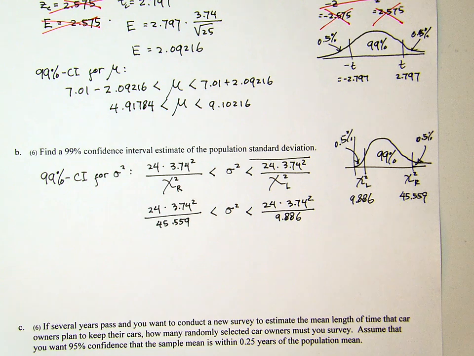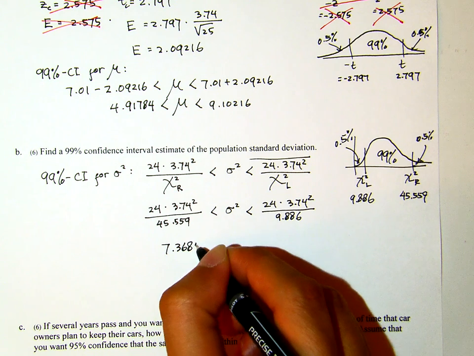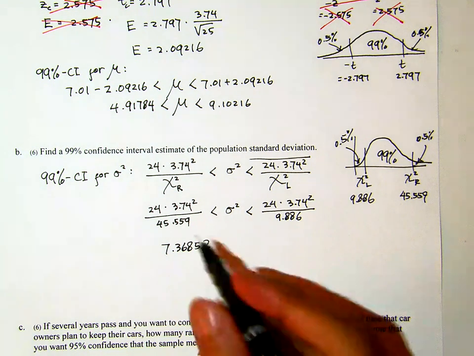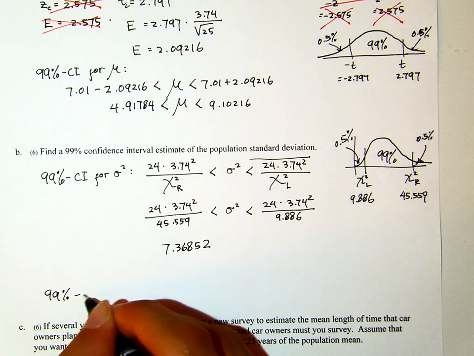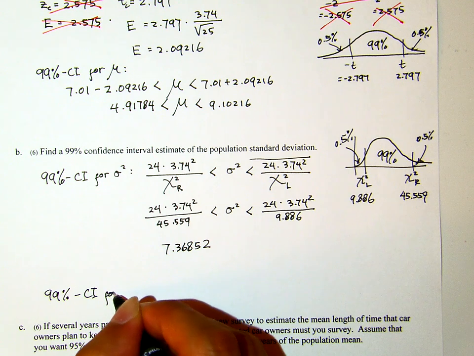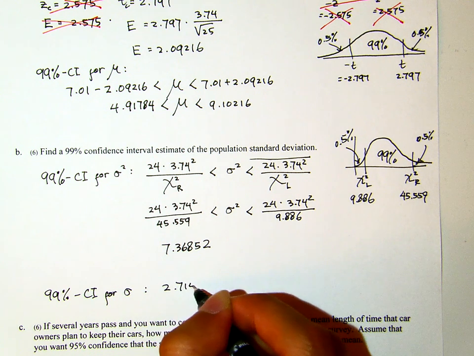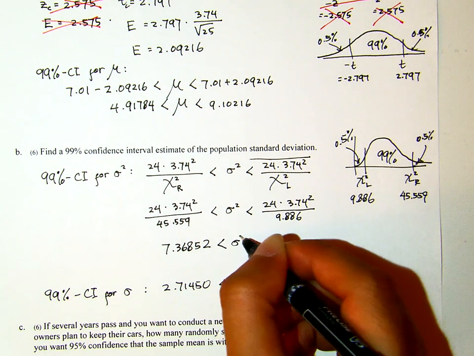Okay, 24 times 3.74 squared divided by 45.559 will give me 7.36852, which if I do the square root later on, for the 99% confidence interval for sigma, that will be 2.71450. This is for sigma, this is your sigma squared.